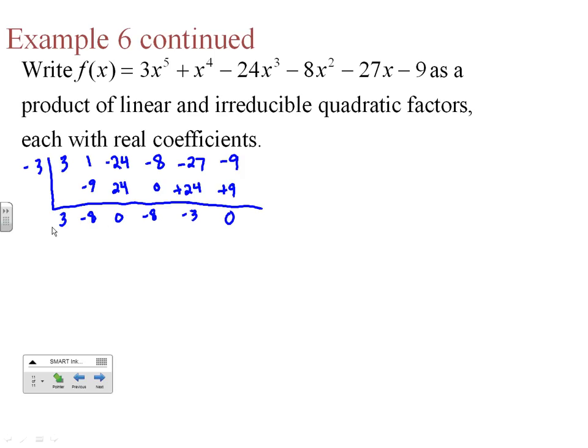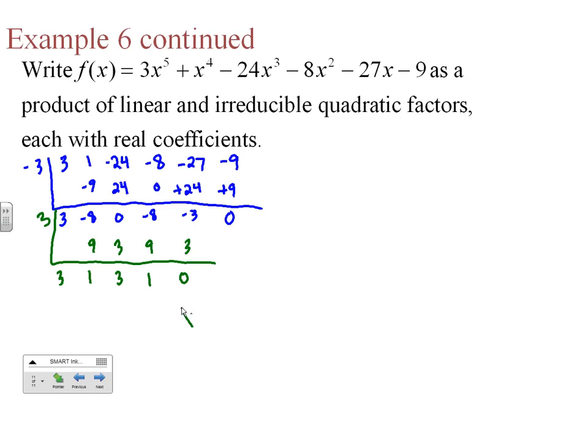Now let's do it with +3, because we saw that looked like a zero. Drop the 3, 9, 1, 3, 3, 9, 1, 3, 0.